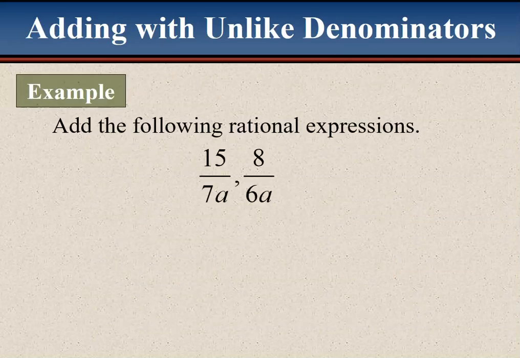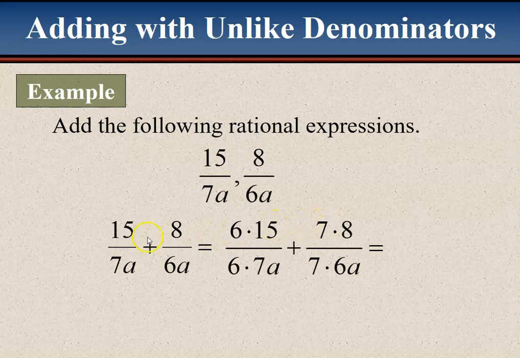Example. Let's say we have 15 over 7a and 8 over 6a. What is the LCD of 7 and 6? We multiply by 6 over 6 and 7 over 7. So we will have 90 over 42a, because our LCD is 42a.